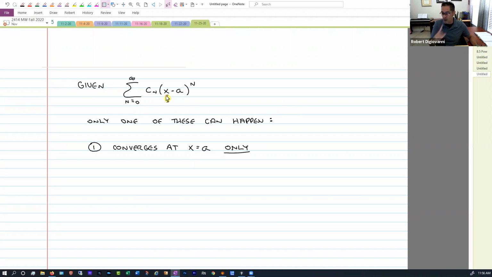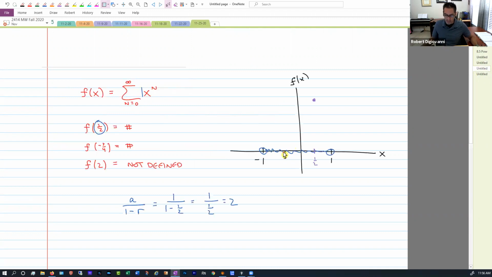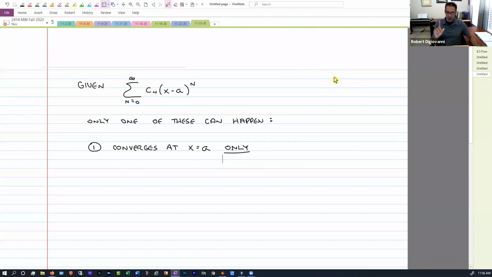Here I showed you one that converged for a little interval. This first part says it can happen at only one point. That means this would be a power series where the only input that makes sense is a single value. It's a function that's only defined at one point, x equals a.